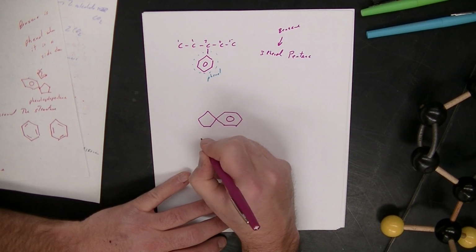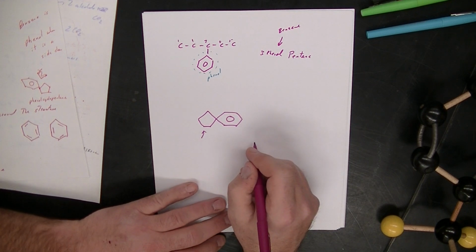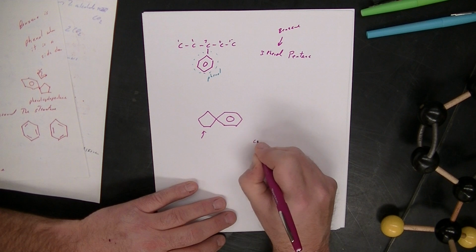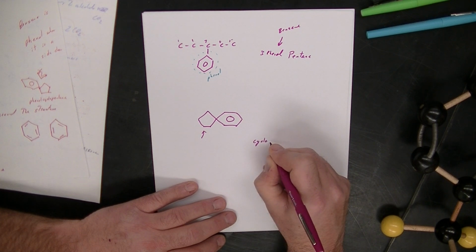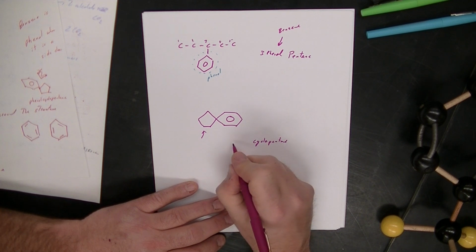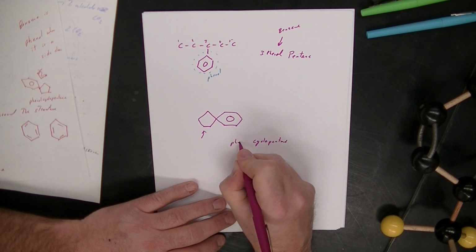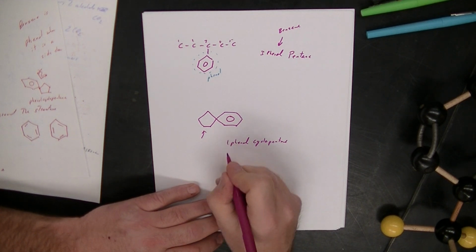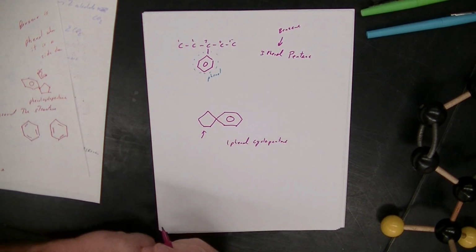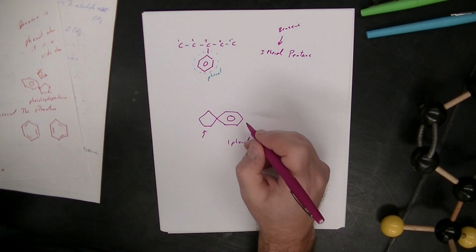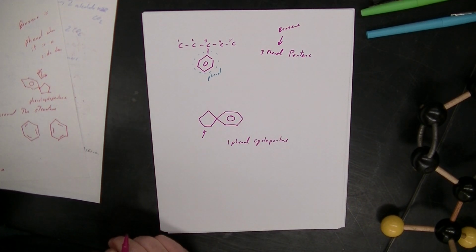So we would name this cyclopentane, and it would be phenyl cyclopentane. You could put a 1 in there, but it has to be a 1. So this would be phenyl cyclopentane, and that's our benzene ring.